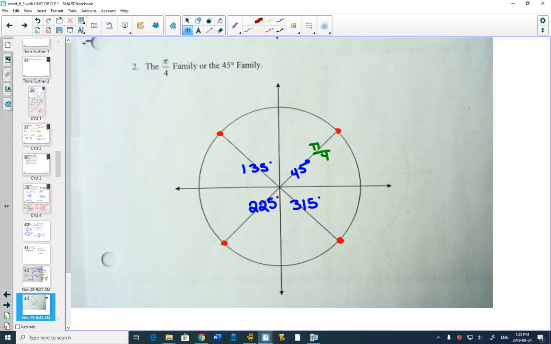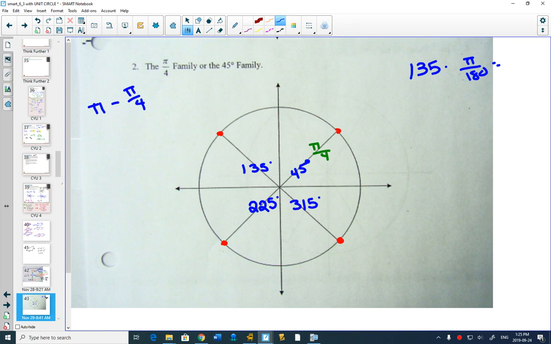So you could do 135 multiplied by pi over 180 and simplify that. The other option is to think, well, I found 135 degrees by doing 180 degrees minus my reference angle. If I'm thinking in radians, I could find this angle by going pi minus my reference angle.